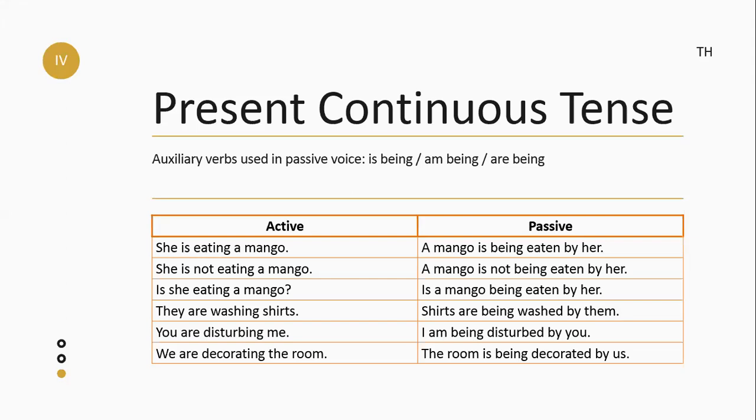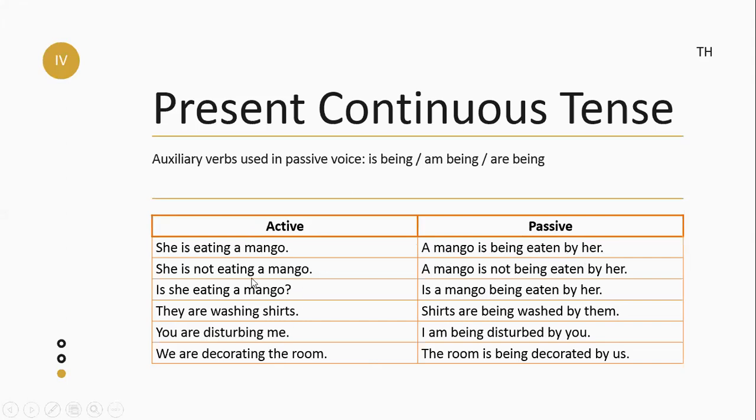So if you look at the examples here, active voice and passive voice. Let's look at the first example. She is eating a mango. That means at this moment you can see that she is eating a mango. If we have to make it into passive, we can say a mango, because here it is used as an object in the active voice sentence, so we take it as the subject when it comes to passive: is being eaten by her.